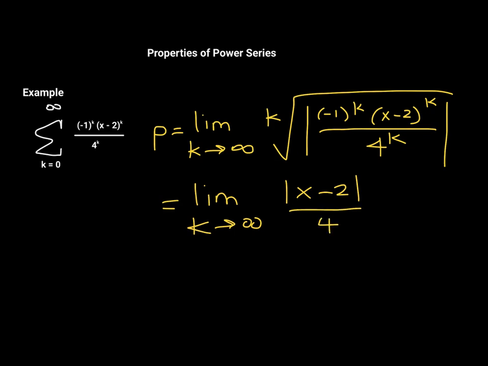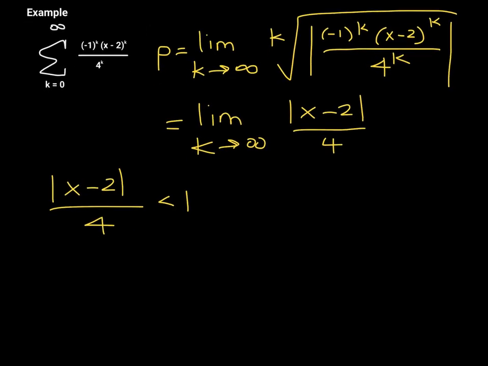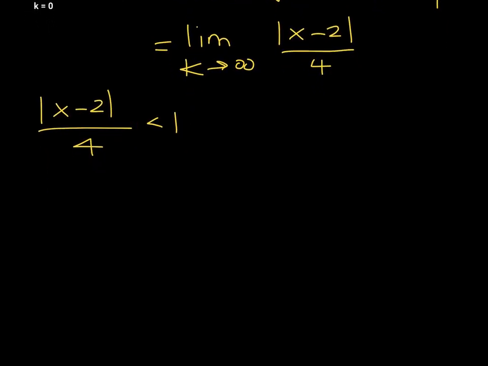So this power series converges absolutely as long as this expression is less than 1. So we take this expression and make an absolute value inequality, saying that this series will converge absolutely as long as this is true.